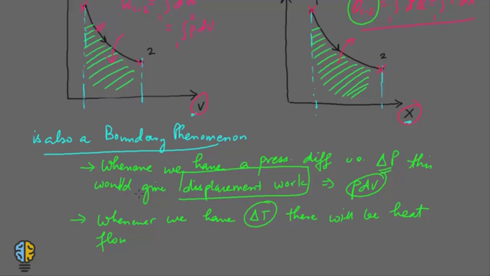So whenever we have delta T, there will be a heat flow, and this would give us some heat transfer across the system boundary. Okay, so this summarizes the basic conceptual understanding of heat transfer and work transfer.